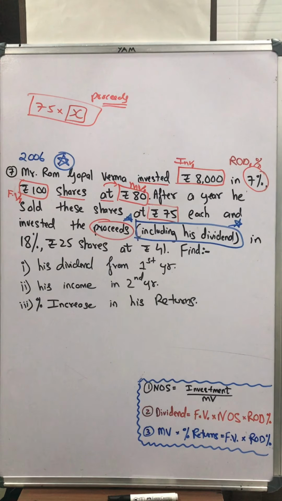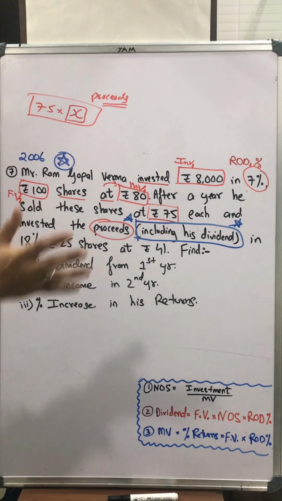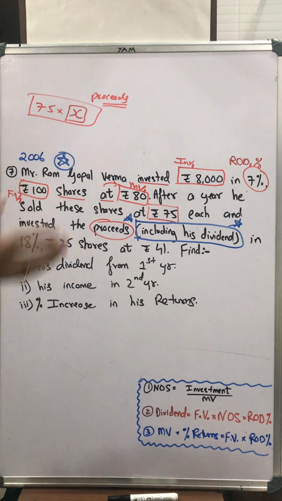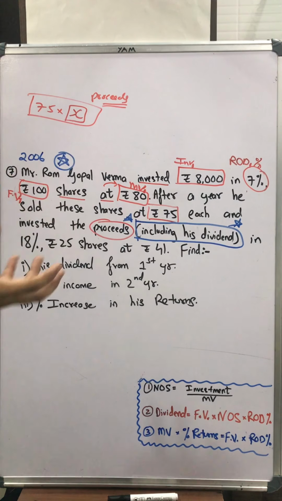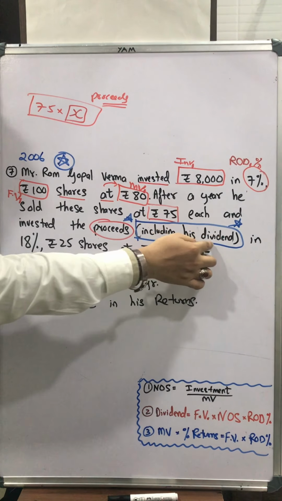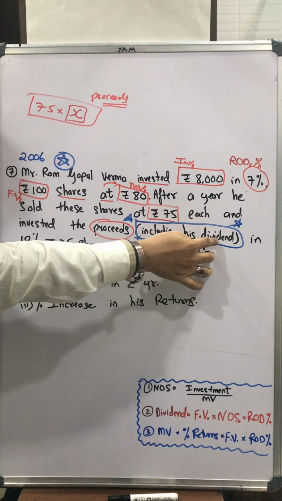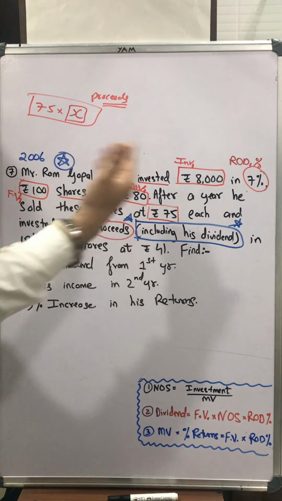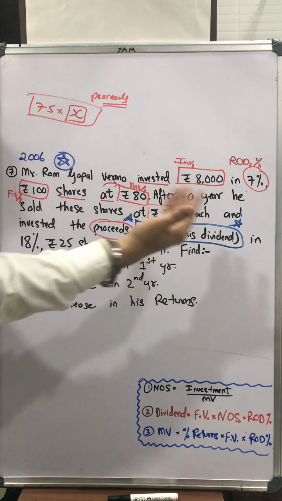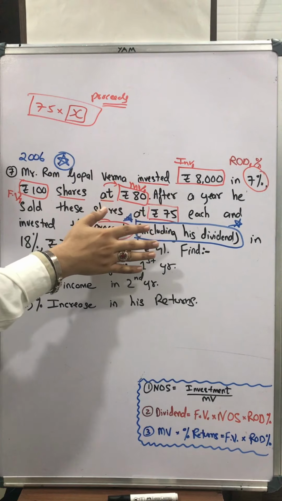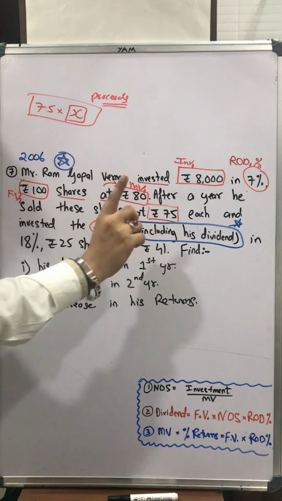including his dividend. So not just this money, not just this amount that came into hand after selling. Along with this amount, he is also including his profit, his income, his dividend of the first firm. So whatever dividend, or other word for dividend is income, profit or return he acquired from the first firm which he was holding for 1 year.